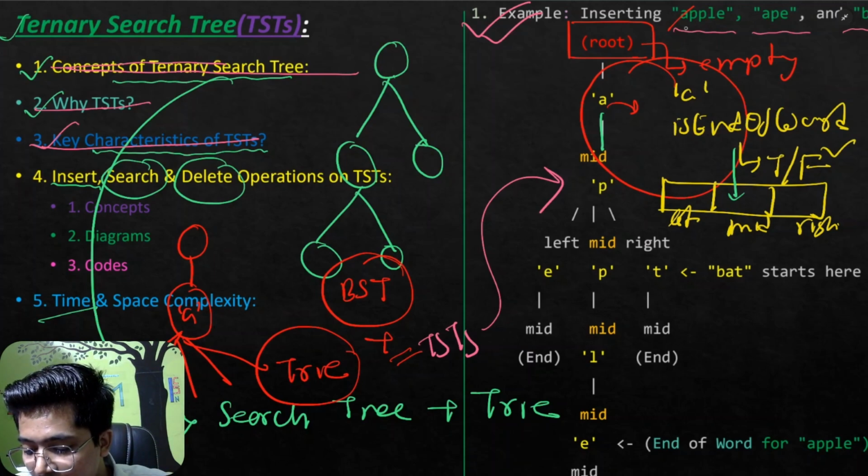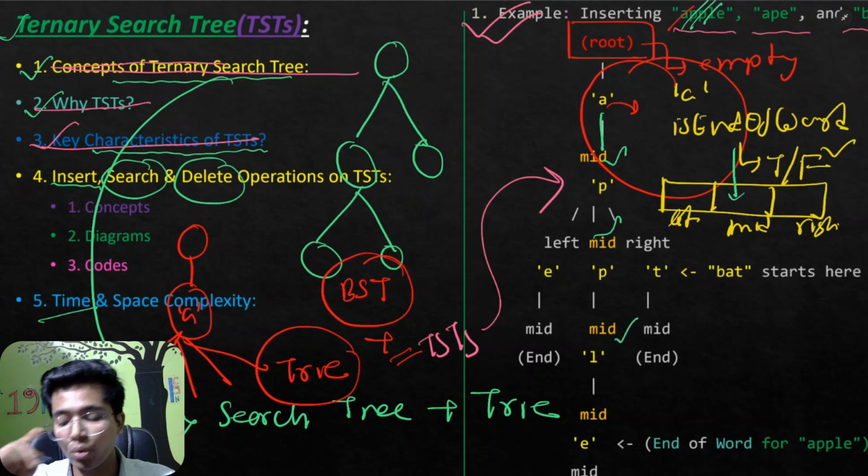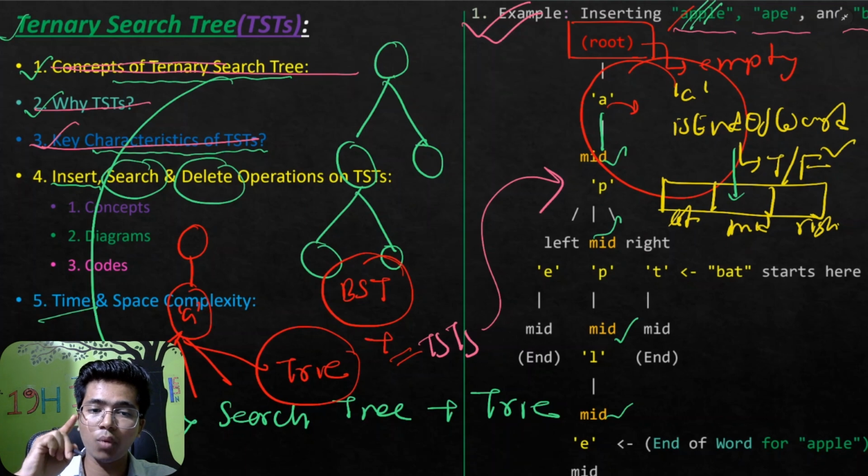So for the second letter P, we again took the mid. For the next P we again took the mid, again we will take the mid for L, and for E also we will take the mid, because for the characters of the same word, we always take the mid pointer.